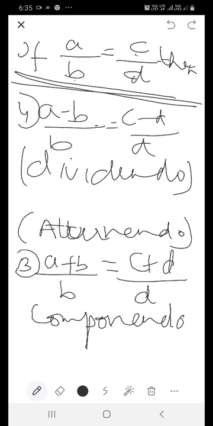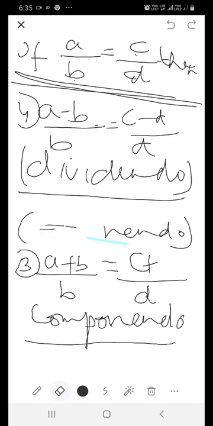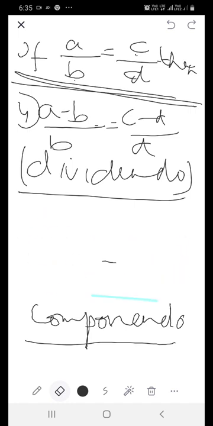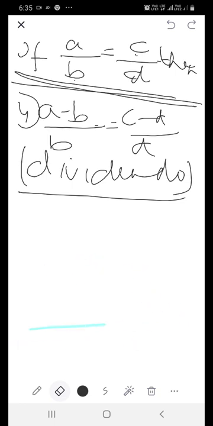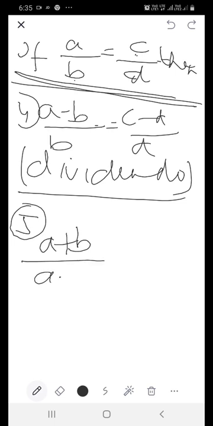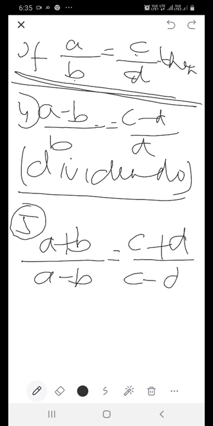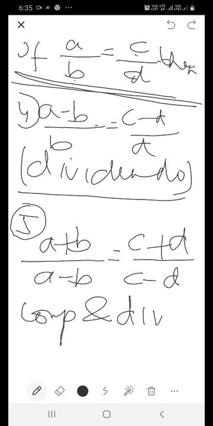In the fifth property, we are going to combine both the componendo and dividendo, and that is a very important property. Most of the questions you get out of the combination of both componendo and dividendo in your board exams. That if a upon b is equal to c upon d, then we are going to add both the terms as well as subtract both the terms. Same you are going to do it on your right hand side. Now what we have used? Componendo and dividendo both.